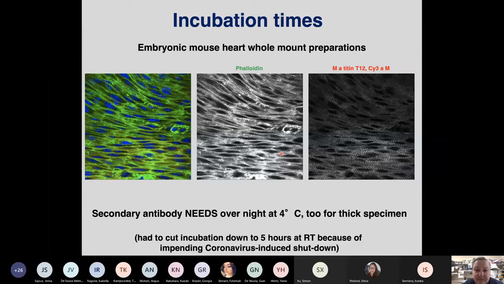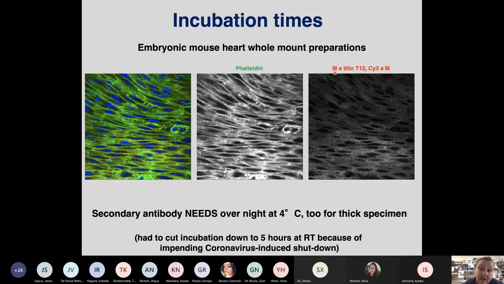We are desperate. Well, anyway, what you see here is that for the phalloidin, which is a really, really tiny compound, the diffusion in 5 hours was no problem. You see this homogeneous signal throughout this field, and the intensity for the phalloidin is completely the same on the outside of the heart and on the inside of the heart. Unfortunately, this was not the case for the secondary antibody. For the Cy3 anti-mouse, you see this gradient of signal.